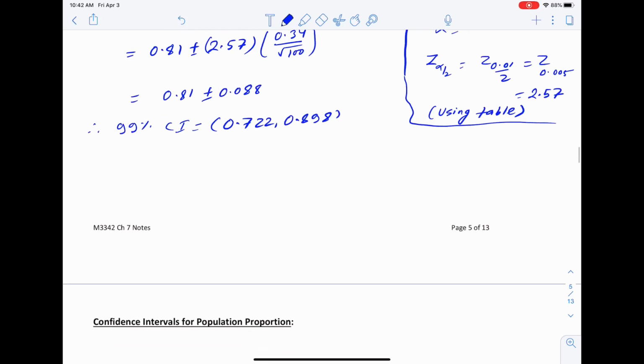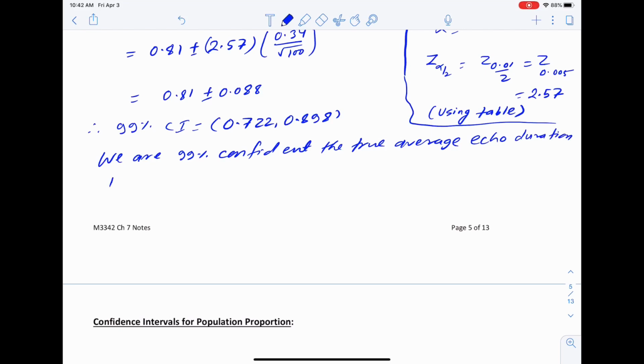Here we are 99% confident that the true average echo duration is between 0.722 second and 0.898 second. So that's the interpretation.